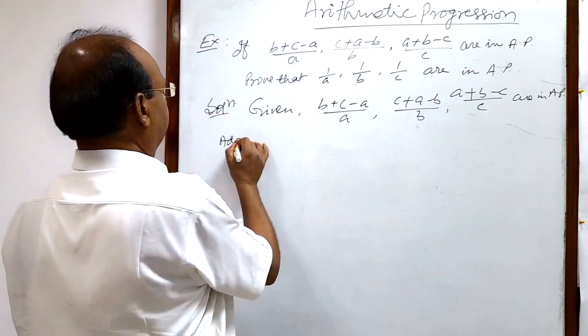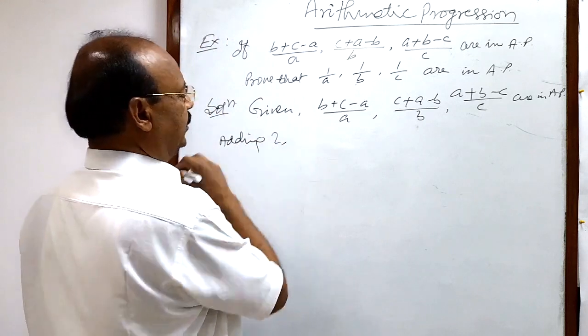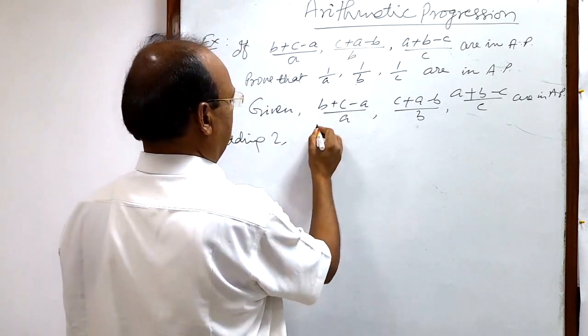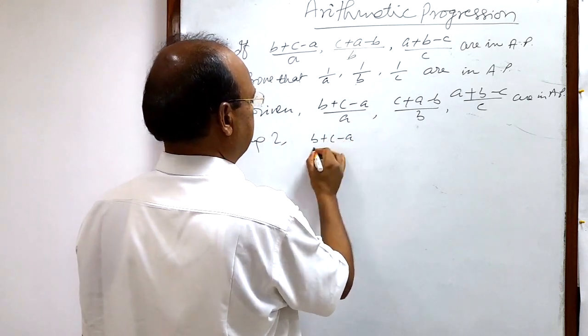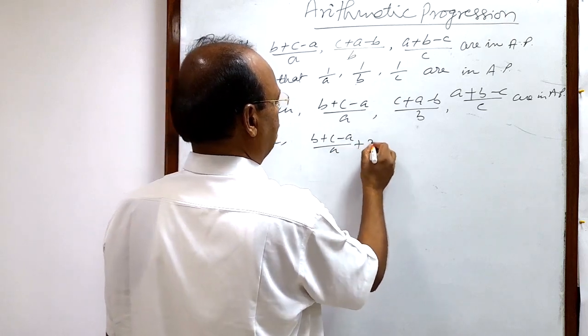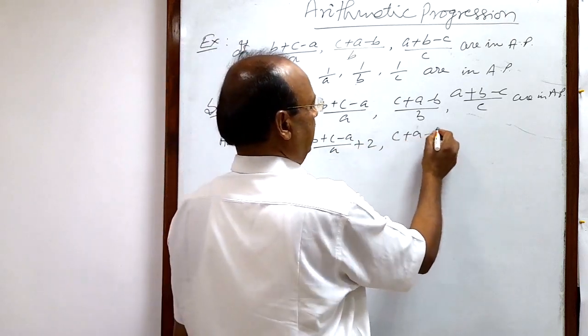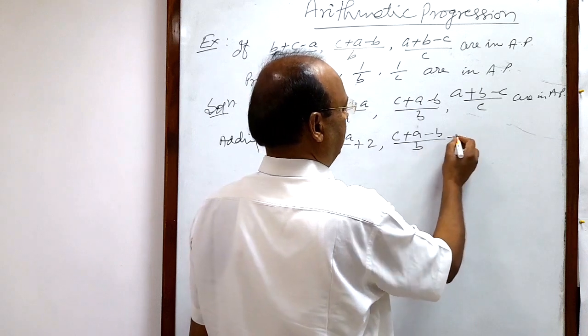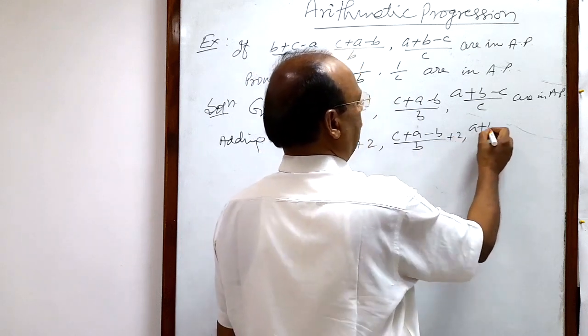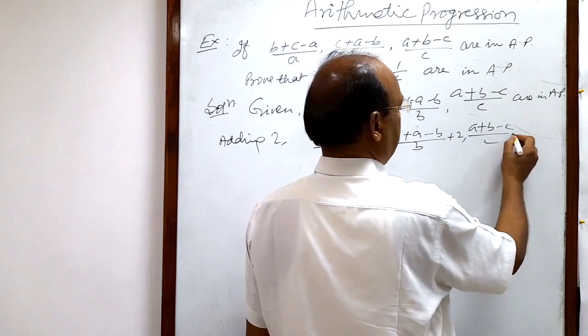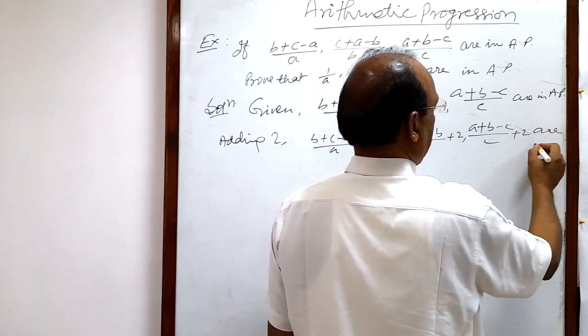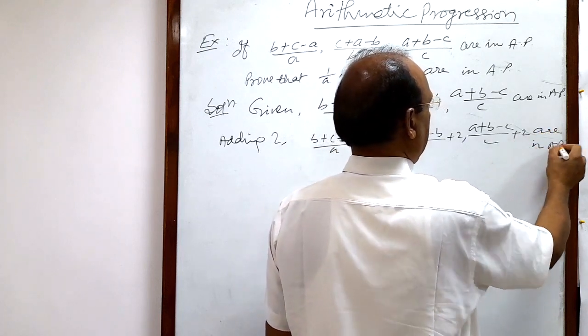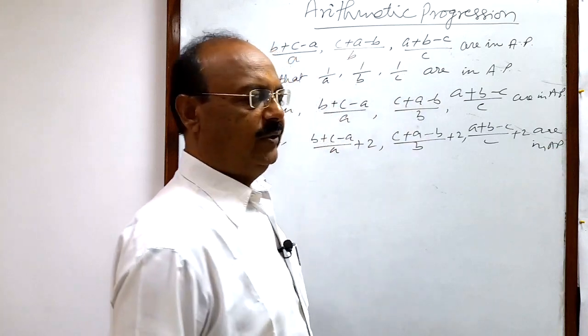Adding 2 here, therefore (b + c − a)/a + 2, (c + a − b)/b + 2, and (a + b − c)/c + 2 are also in AP.